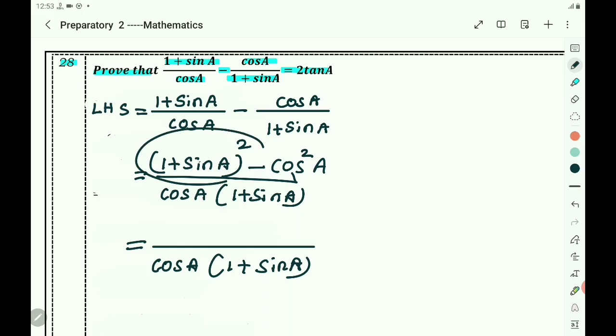Then expand 1 plus sin A whole square. Here we have to use the identity a plus b whole square equals a square plus 2ab plus b square.